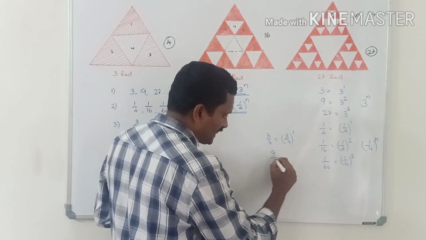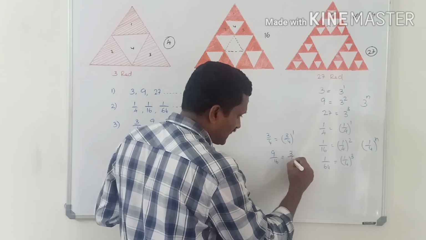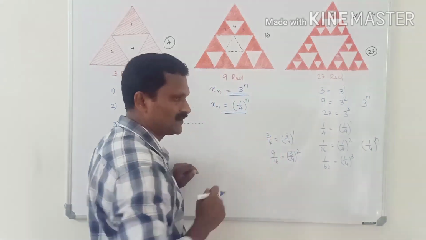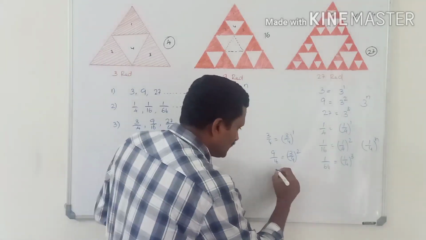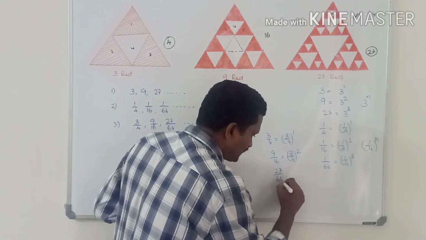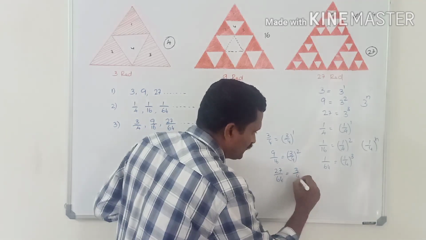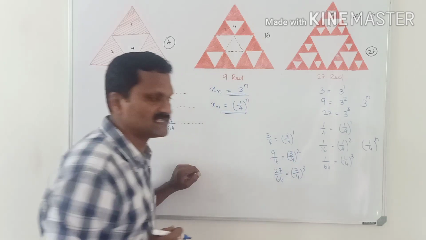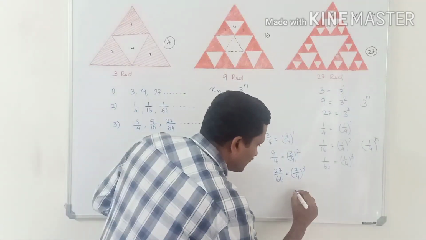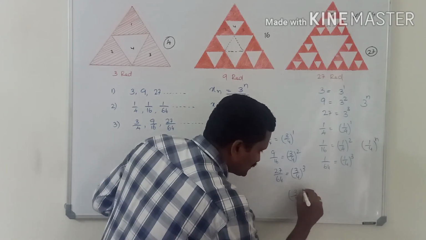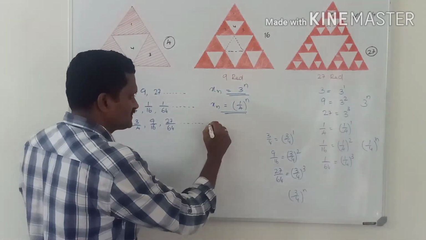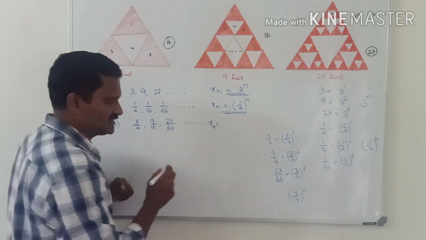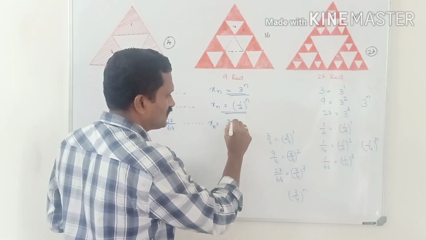Same way, 9 by 16 can be written as 3 by 4 whole square, 3 square equal to 9, 4 square equal to 16. 27 by 64 is taken as 3 by 4 whole cube, 3 cube is 27 and 4 cube is 64. In general, 3 by 4 all raised to n. That is, the algebraic form of the third sequence is 3 by 4 all raised to n.